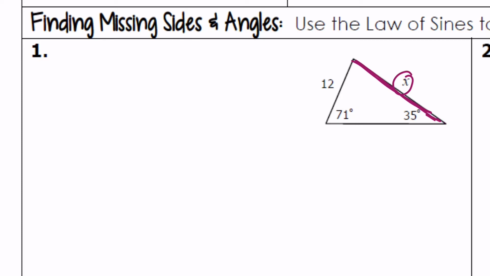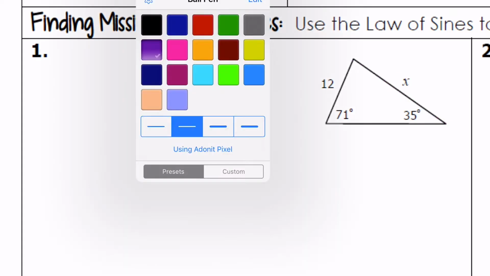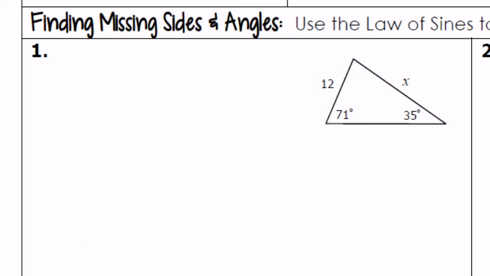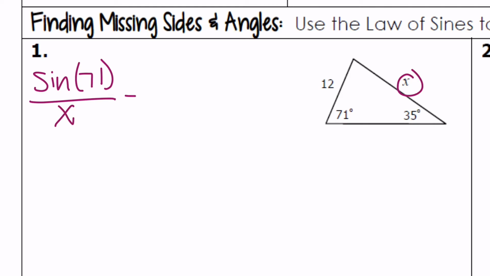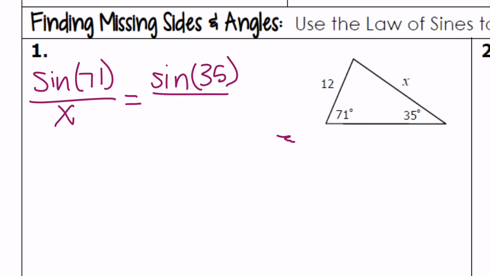So what I'm going to do here is set this up as a trig ratio. The sine of 71 over its opposite side, x, is going to be equal to the sine of 35 over its opposite side, 12.